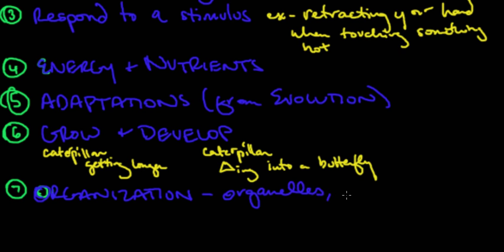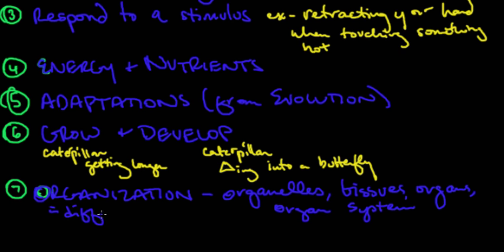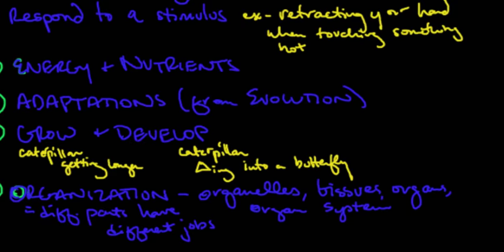It could be cells that happen to organize themselves into tissues, or into organs, or even organ systems. So essentially what organization means is that the different parts have different jobs.